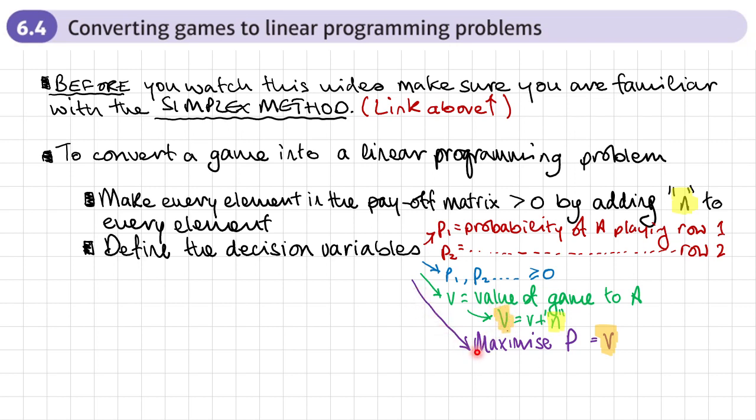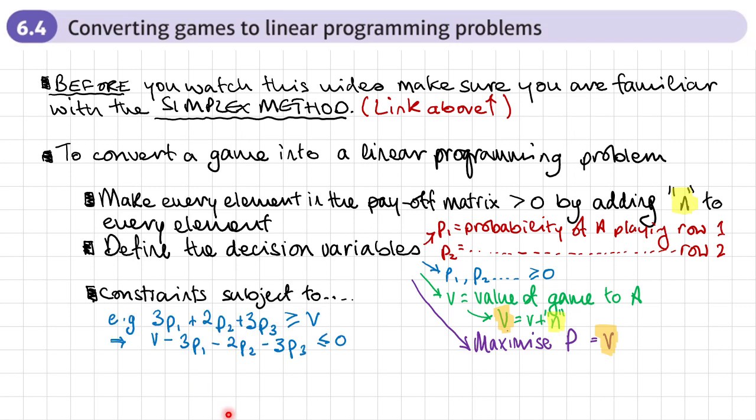And the last thing that we need to do is to say that we want to maximize the profit. We want to maximize A's payoff, and we do that by saying we're going to maximize P, and that is equal to V, the value to A in the transformed payoff matrix. Now these decision variables are going to be subject to some constraints.